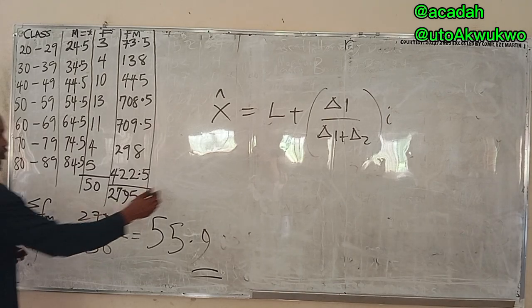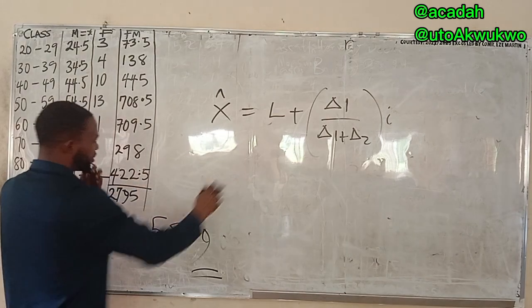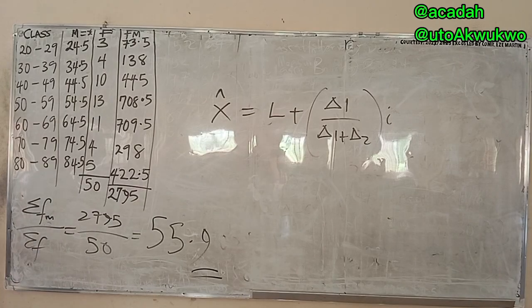If I'm going to be using this, I will simply say the lower class boundary for this class should be 49.5.